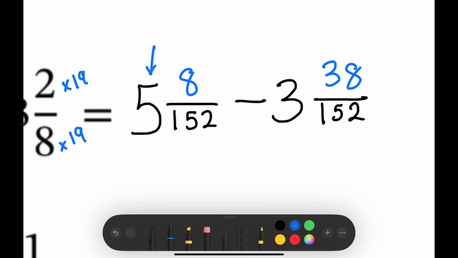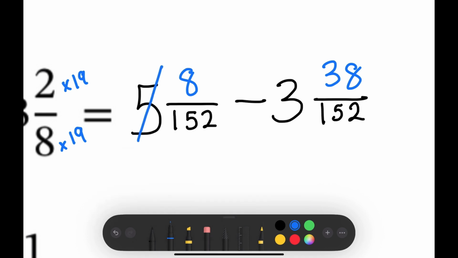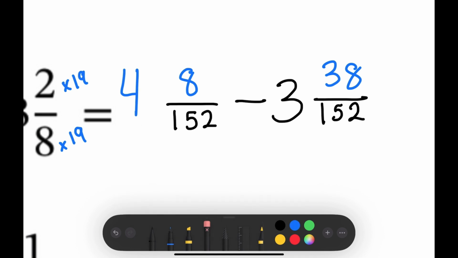Well, how much is 1 whole? Well, because our denominator is 152, that means we're going to cross out 5. There's going to be a 4 now. So no more 5. It's going to be a 4.